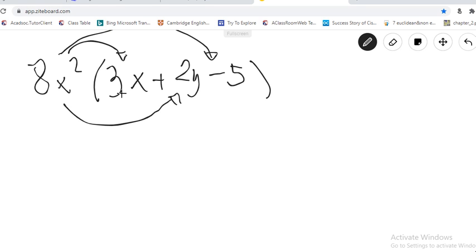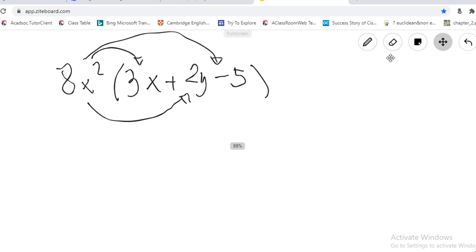So, 8x squared multiplied to 3x. What will be the law of exponents that will be applied here? That is the product of a power. So 8 times 3, that is 24. And then x squared multiplied to x.